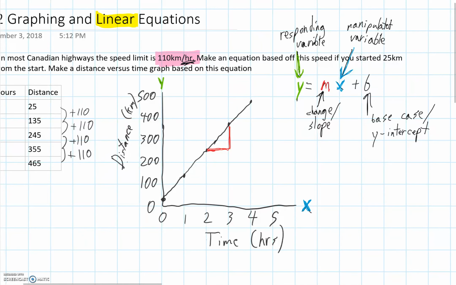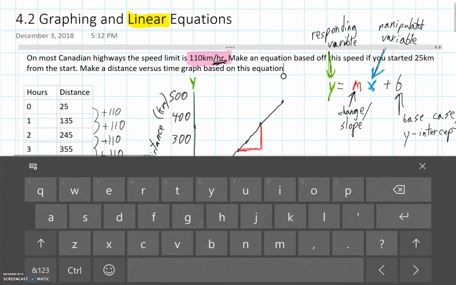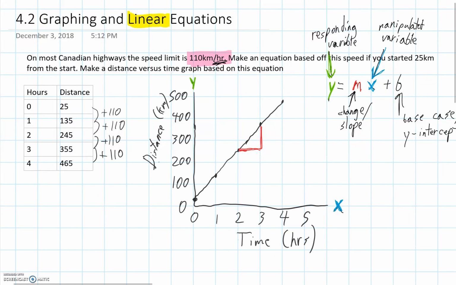So this is the slope, and it's y1 minus y2 over x1 minus x2. Now that looks complicated, but all that means is x1 is this 3 here, x2 is the 2. So 3 minus 2 is 1. Okay, so it took 1 hour to do it.